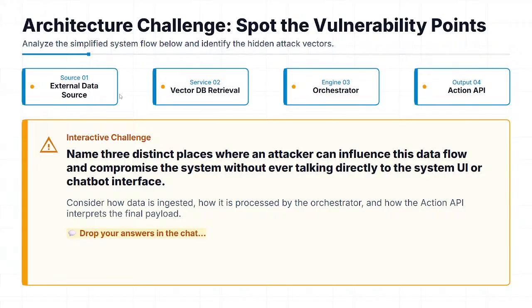The first part we have in our data flow is an external data source. In the context we've been working with, that is whatever the user is bringing in. At this point, it is possible for the attacker to pose as the user and hide text instructing the LLM to do something that it's not meant to do normally. So from the first response that we have, that is one distinct place that the attacker can influence the data flow.